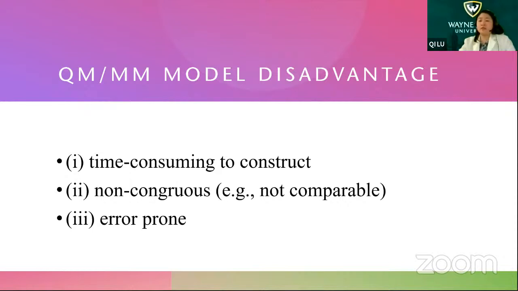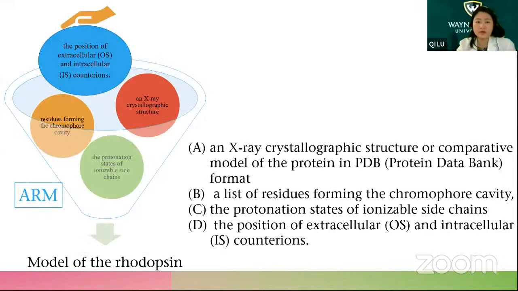So this ARM model, of course, has a basic idea quite similar to the QM/MM model. It needs to input the X-ray crystallographic structure, the PDB bank protein model information, the list of residues from the chromophore cavity, the counter ion information, and also the ionizable side chains.